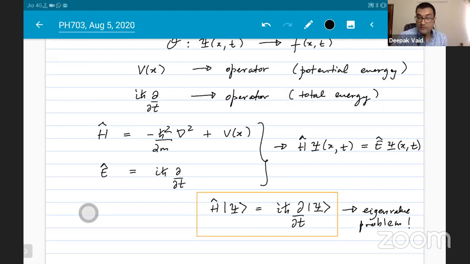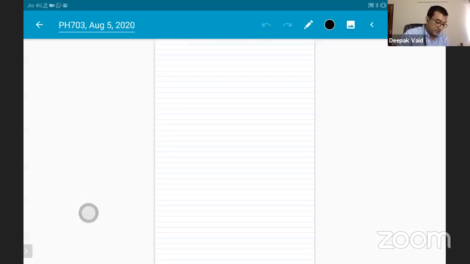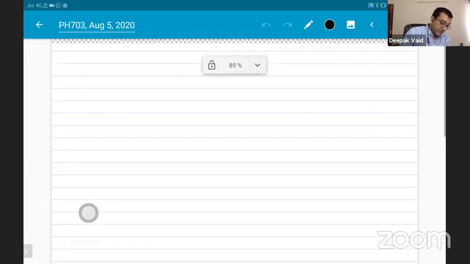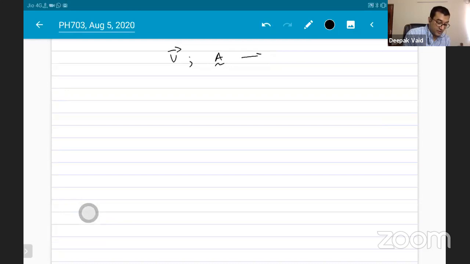Remember that all quantum mechanics is linear algebra. In linear algebra, the typical problem is that you have some vector and you have some matrix, and you ask what are the eigenvalues of this matrix. This is the eigenvalue problem.